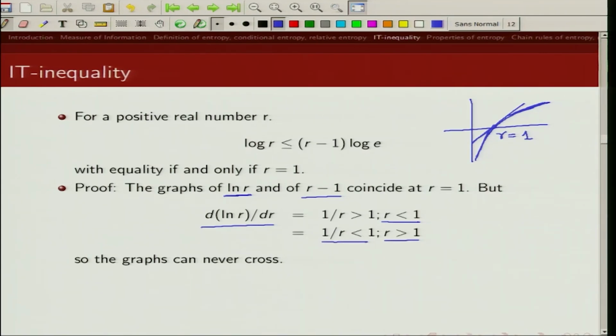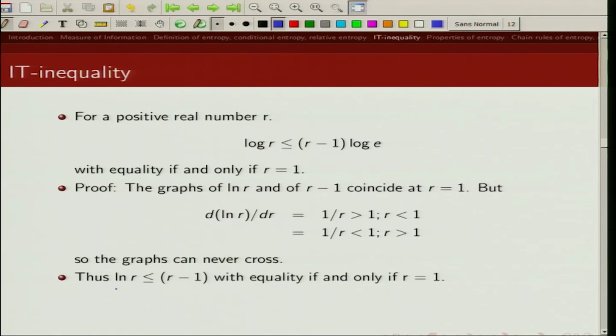So clearly these two graphs will not intersect each other, and as I said, natural log of r is below r minus 1. So this condition holds with equality only if r is equal to 1.